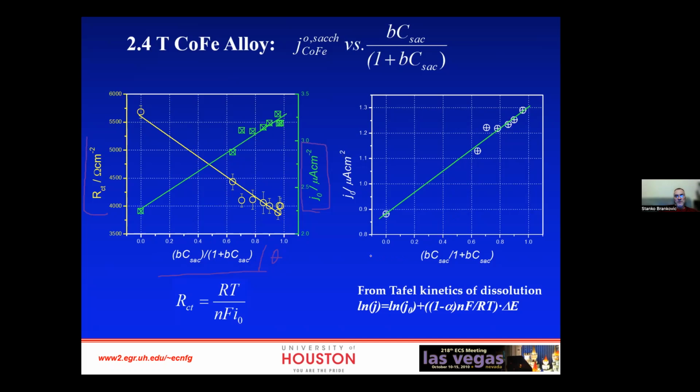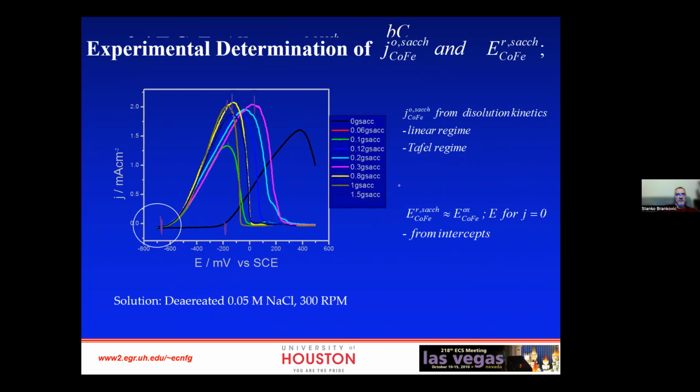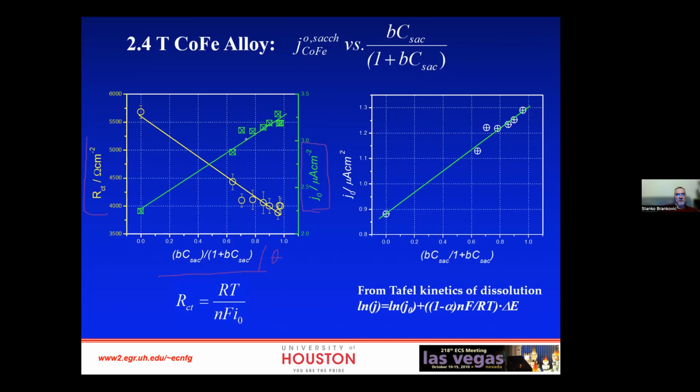But what is cool is that obviously this linear relation here that we see can be also recovered from this part of the curves, which is from the Tafel slopes. So we get two identical conclusions, one obtained from the linear part and one obtained from the Tafel part of the slopes. And they tell you the same story. All right.